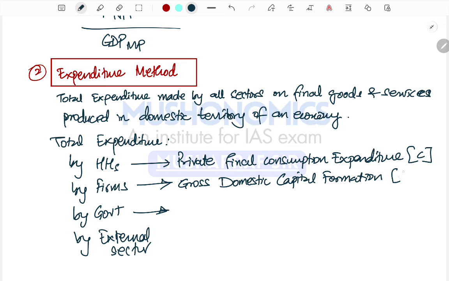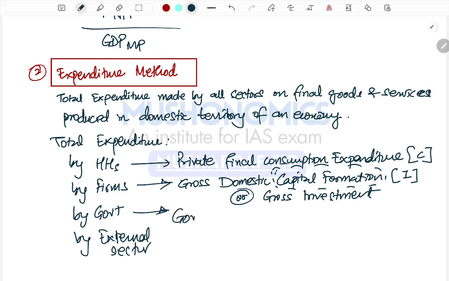So this is represented as I. Why is it represented as I? Because capital formation is also known as investment. That's why it is gross domestic capital formation or gross investment, represented by the letter I.